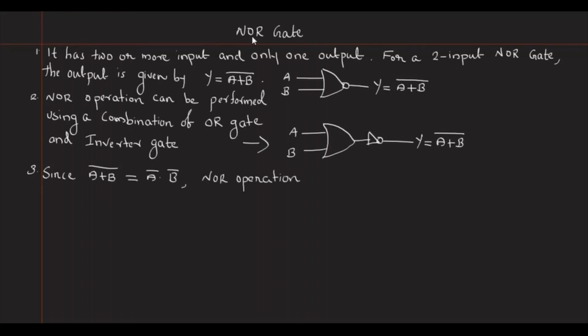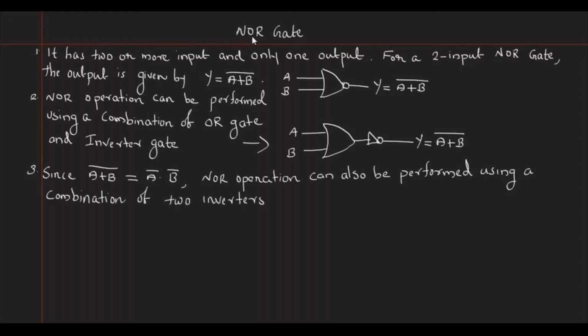Since we know that A plus B whole complement equals A complement dot B complement, the NOR operation can also be performed using the combination of two inverters and one AND gate. This is shown below.